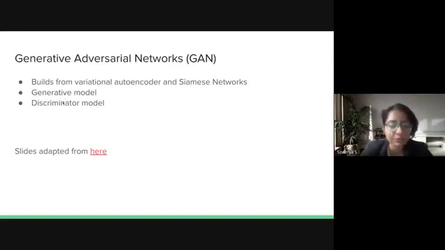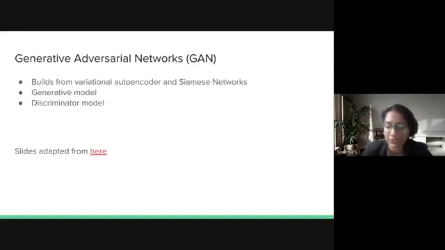Now, in machine learning, you might have learned that you have a difference between a generative and a discriminating model. In a generative model, you're trying to model the underlying data itself, but in a discriminator model, we're only trying to model the boundary between classes and so on. Now, interestingly, GANs have both a generative and a discriminative power.